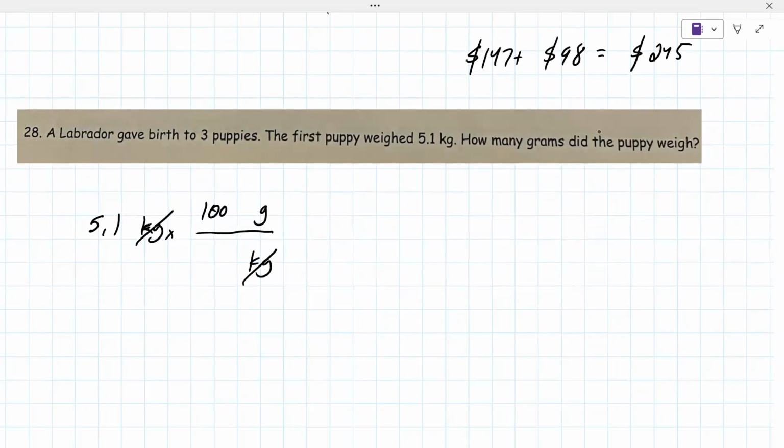There are 1,000 grams in 1 kilogram. So this is 5,100 grams. Not too bad. If it asked about all three, you would multiply by three, but it does not.